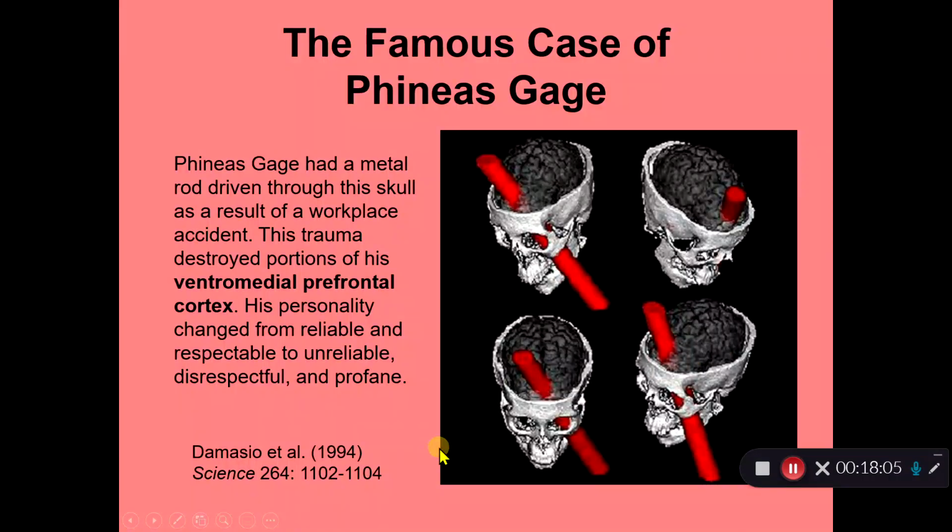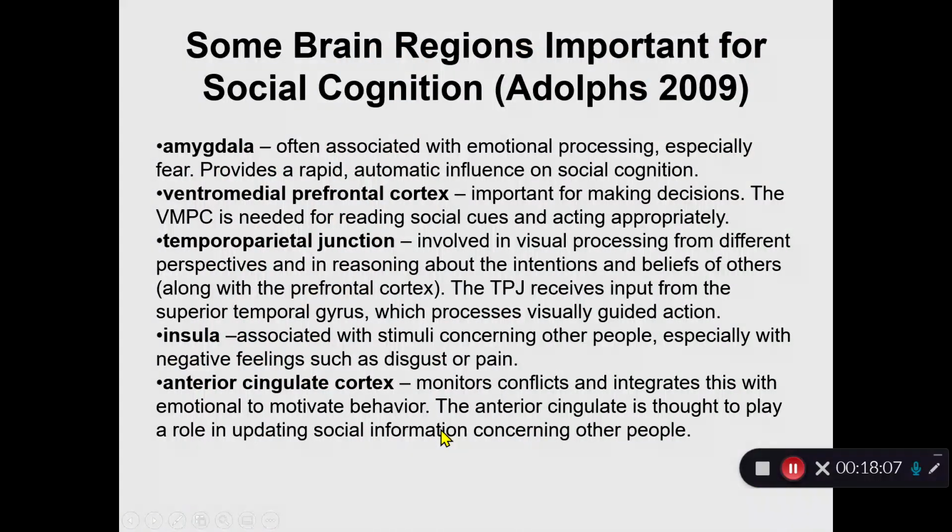It's an automatic process. Rapid automatic influence. Here's prefrontal cortex. Technically, it's known as the ventromedial prefrontal cortex. Sometimes I'll call it ventromedial prefrontal cortex. Often I'll leave off the ventromedial and just call it prefrontal cortex. Anyway, ventromedial prefrontal cortex is important for making decisions. It's associated with reason, thinking and reason.